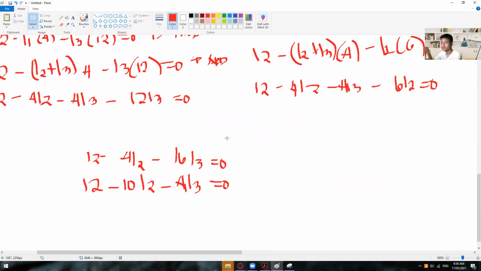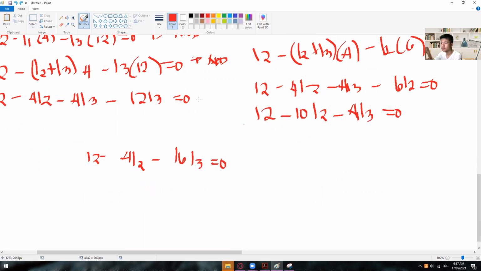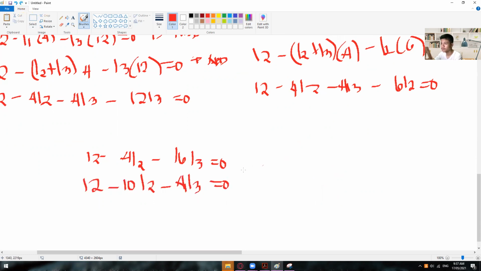In my case, to make our life easier, I will solve it using my calculator. Well, to avoid confusion, you can transpose this one on the other side. Let me just perform another transformation or simplification.